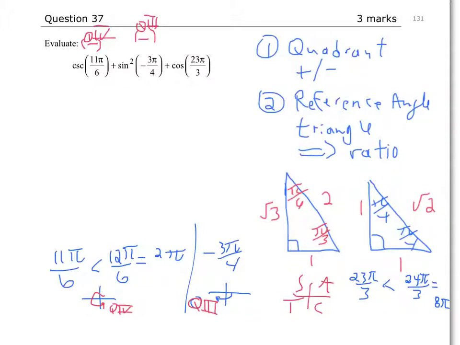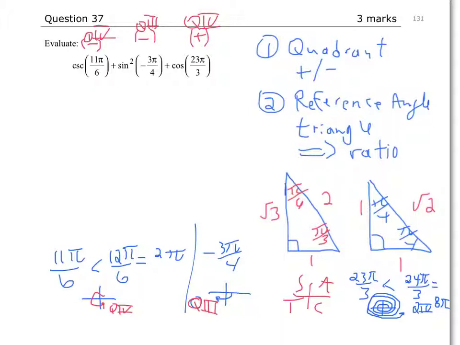So if we think about that rotation, we're doing a couple laps: 2 pi, 4 pi, 6 pi, almost to 8 pi. So we're in quadrant 4. And in quadrant 4, cos is actually positive. So quadrant 4, and we have a positive ratio here.